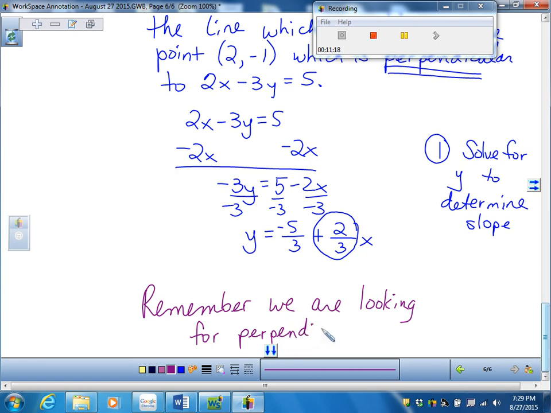Because we're looking for perpendicular, we have to go back to our idea about what it means to be perpendicular. If it's perpendicular, it has to have opposite reciprocal slopes.